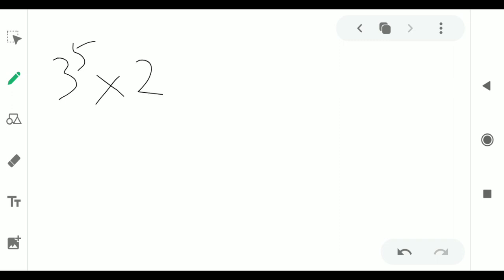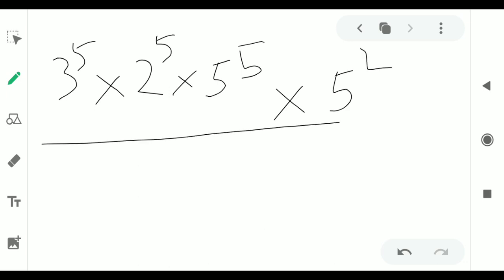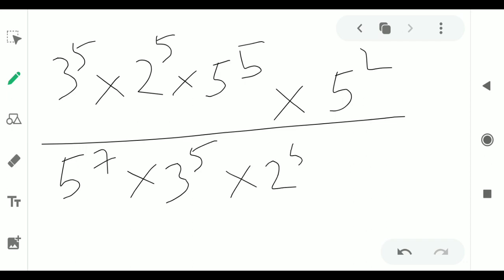We can write 2 to the power 5 into 5 to the power 5, because this is one of the laws of exponents, into 5 square already there, by 5 to the power 7 into 3 to the power 5 into 2 to the power 5.